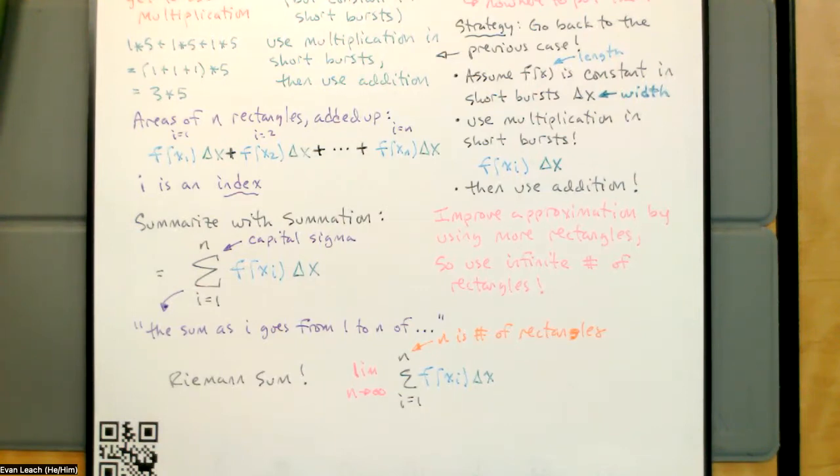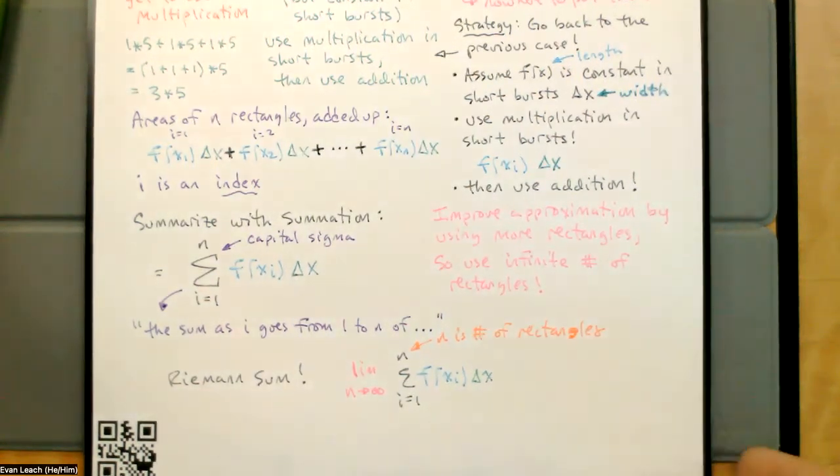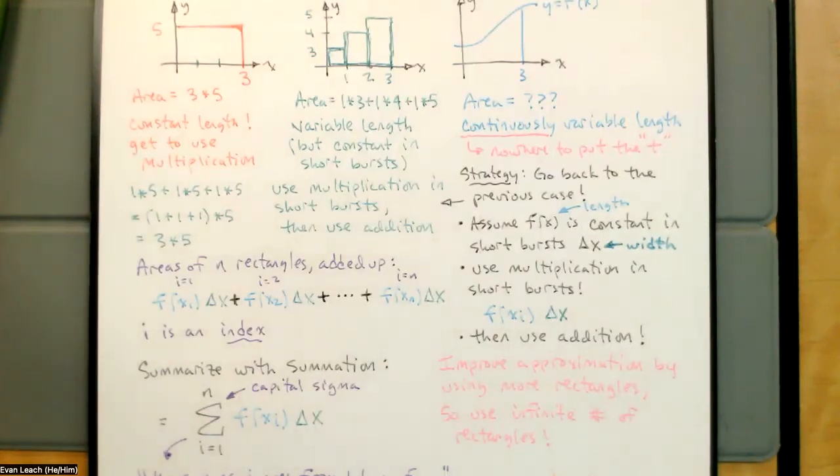But before we can do that, we have to understand the thinking behind this integration process. We've got to think of we're trying to find the area under a curve, and we're just going to use length times width, but our length is continuously variable. So we're going to drop back and assume that the length is constant in short bursts. Then we'll get to use multiplication in short bursts. So we get f of xi times delta x.